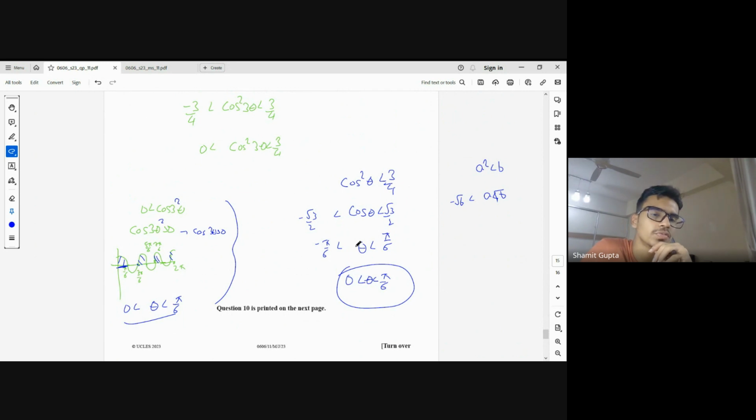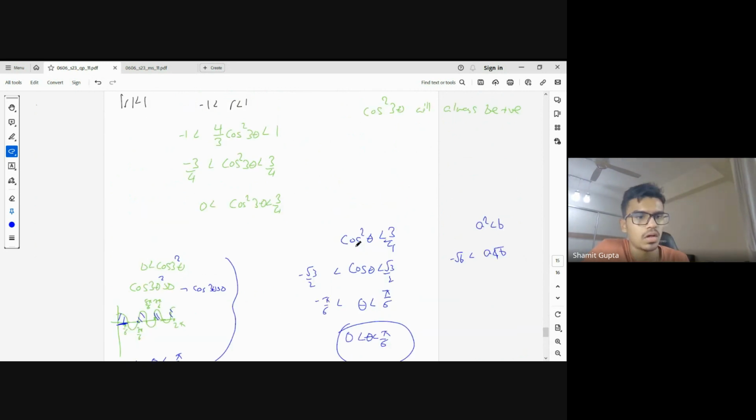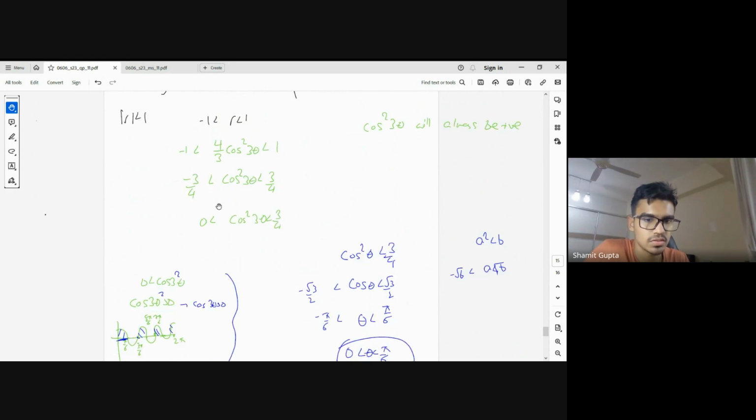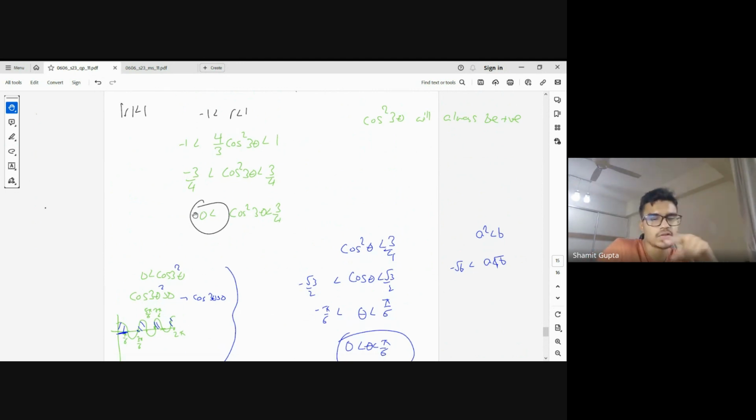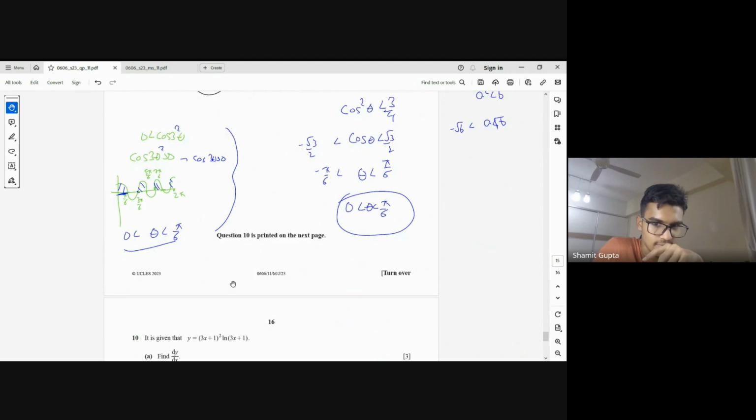Usually, from my understanding, you can ignore this. I'll think about it and get back to you. We'll check the mark scheme also. I'll put it in the comments afterwards, but you can probably ask a teacher also. Usually you can ignore this. I think that you're getting the same answer is a coincidence.